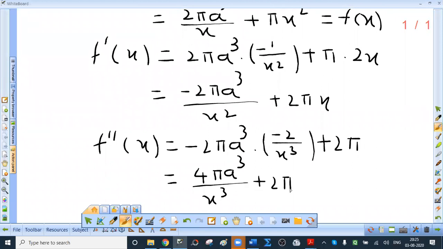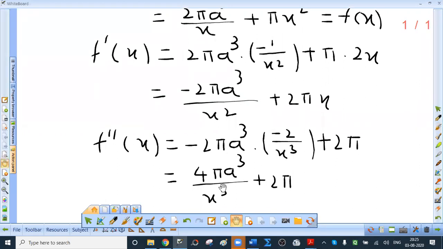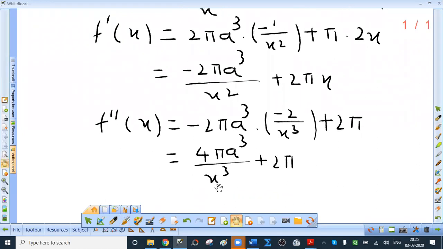Okay? Yes. Now the next step is to solve the equation. Which equation? F dash of x equal to 0. See, it is not at all difficult, in the sense that there is a standard procedure: from the word problem, get this function using the given condition, express one variable in terms of the other. Once you do that, obtain the function which is to be examined.